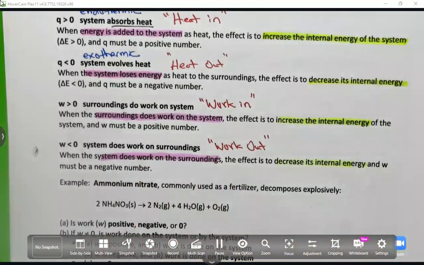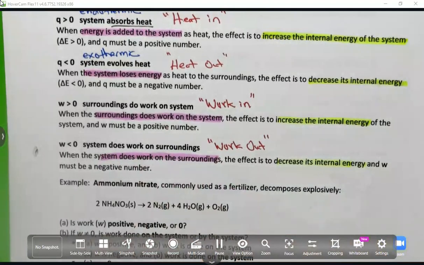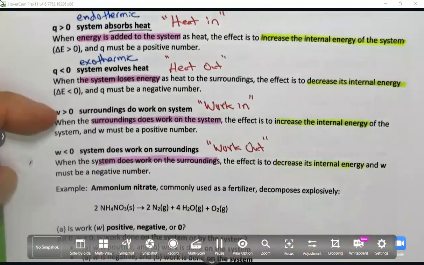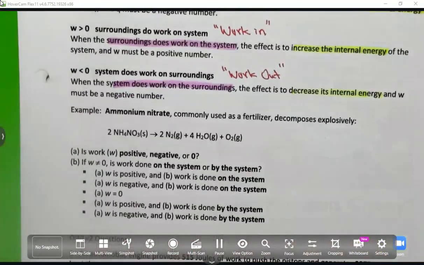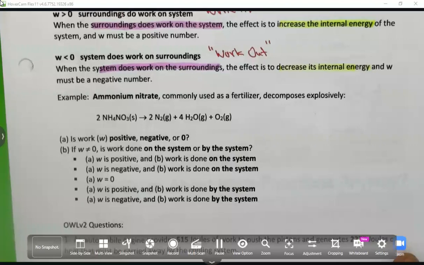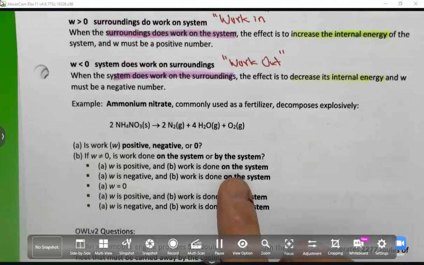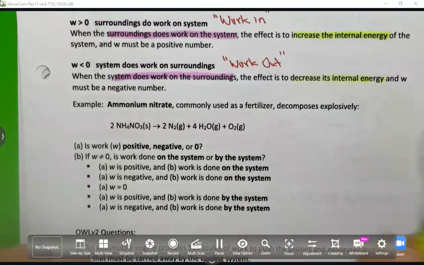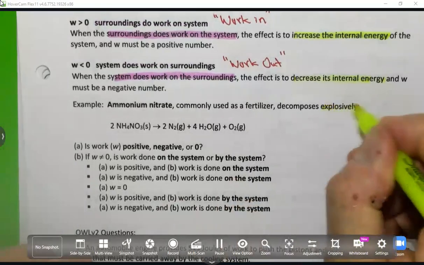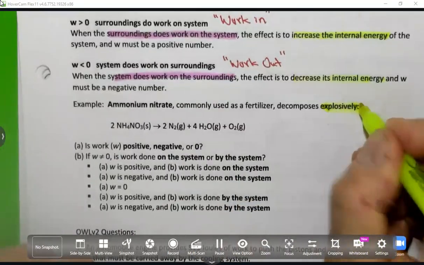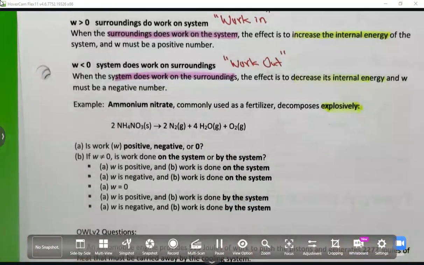Okay. This is the beginning of OWL Chapter 5, Part 2. I've got questions right from it. So here's an example. You have ammonium nitrate, commonly used as fertilizer, decomposes explosively. When you see this word, can you get some work out of that?